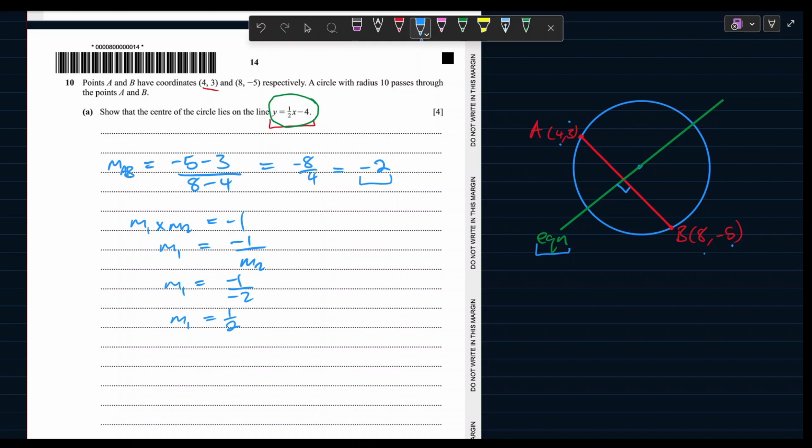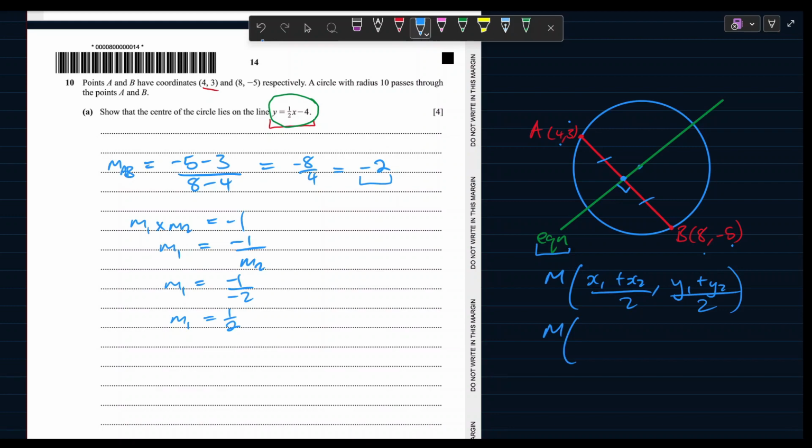Now, the other thing that we need is a point that lies on our line. So since this is a perpendicular bisector, it means that it passes through the midpoint of AB. So if we can find the coordinates of the midpoint of AB, we can use that to get the equation of our perpendicular bisector. So to get the midpoint, it's just the average of your x values, so x1 plus x2 over 2, and the average of your y values, so y1 plus y2 over 2.